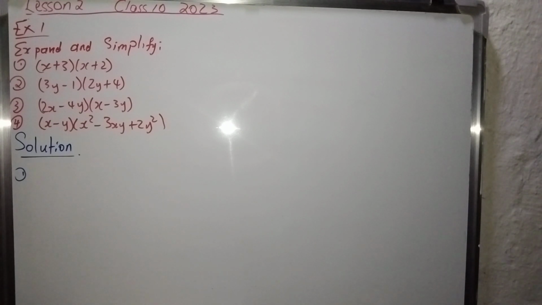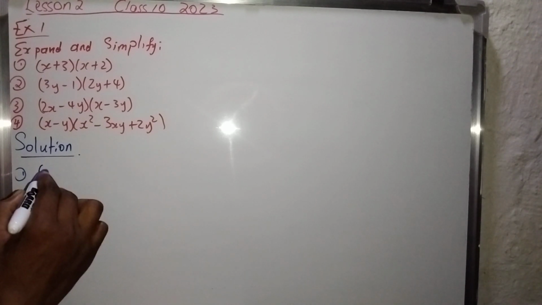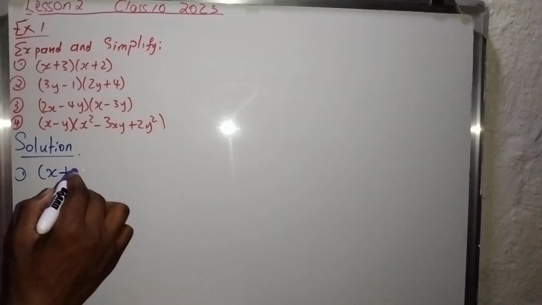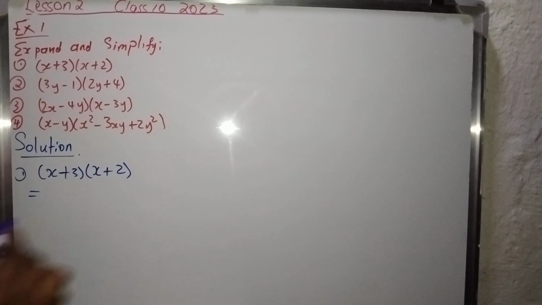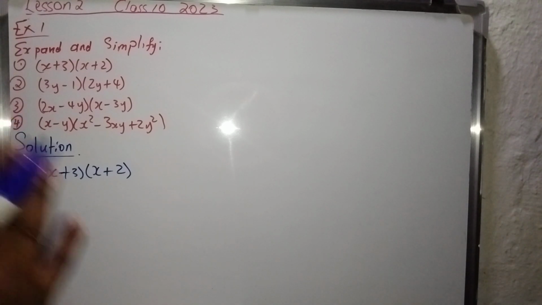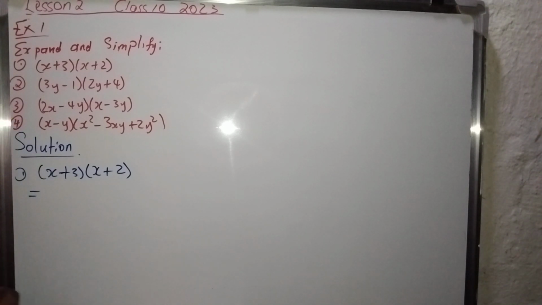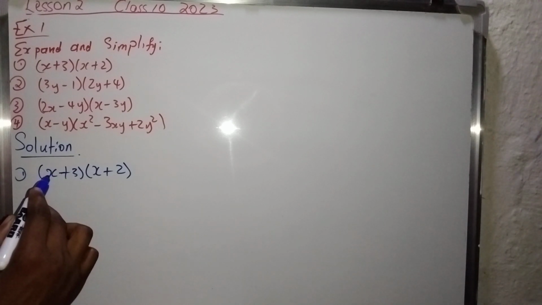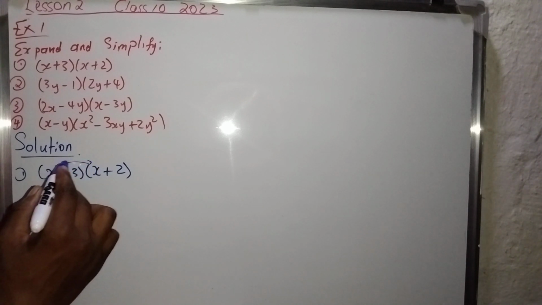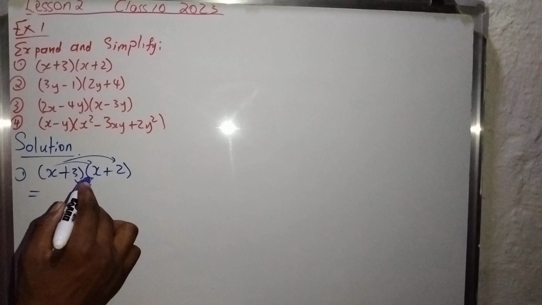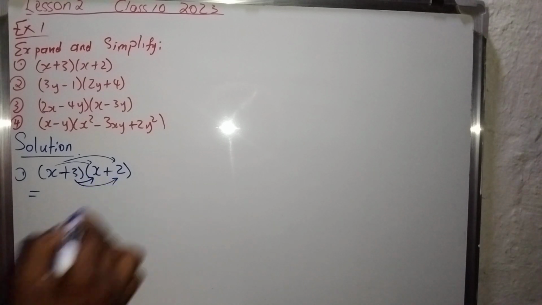So the first one says we want to expand this and simplify. Whenever we want to expand this, we're going to apply the FOIL method. The FOIL method says we must multiply: first is x times x, then x times 2, and 3 times x, and 3 times 2.